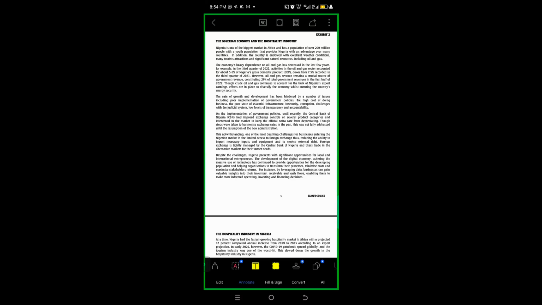All of this can inform the strategic business decisions that Travex can make. The opportunities I saw in the exhibits: there's an expanding domestic market, a growth in the middle class, and increased urbanization. These offer great opportunities to Travex.